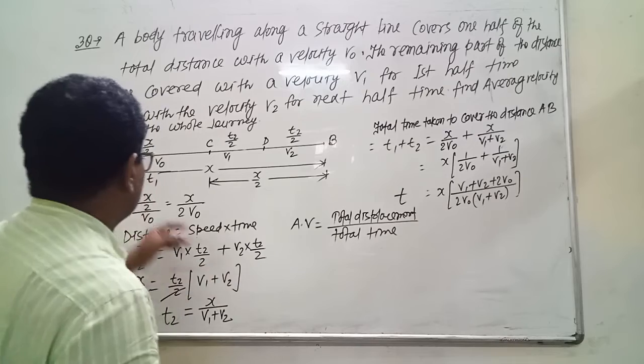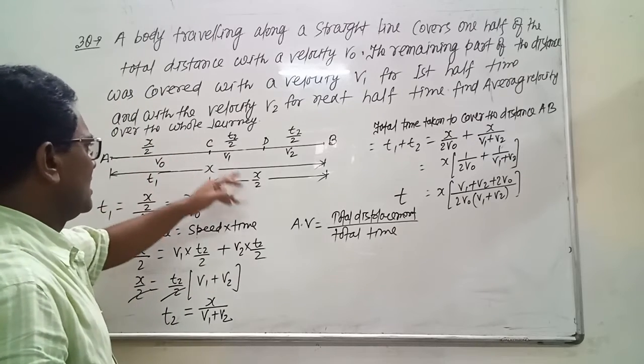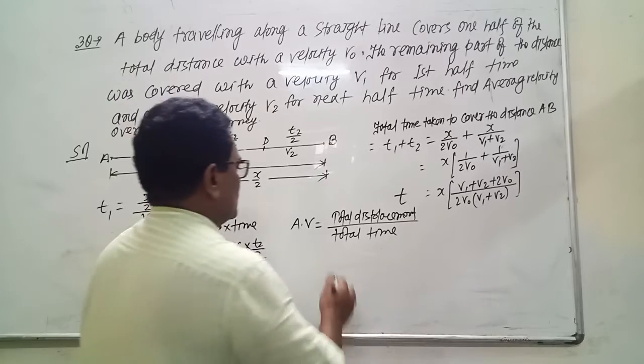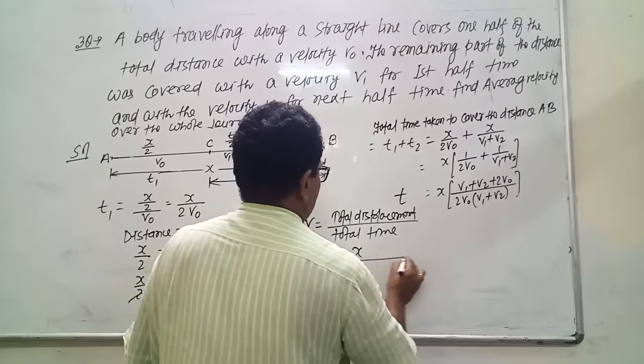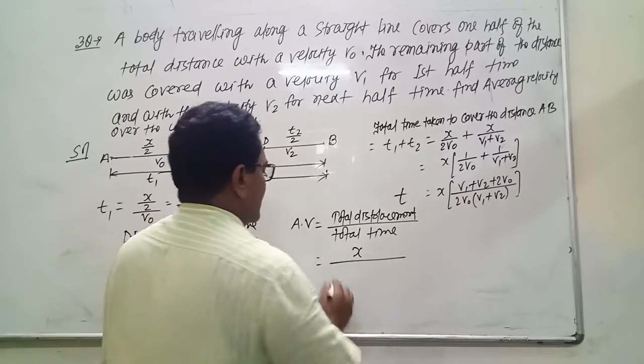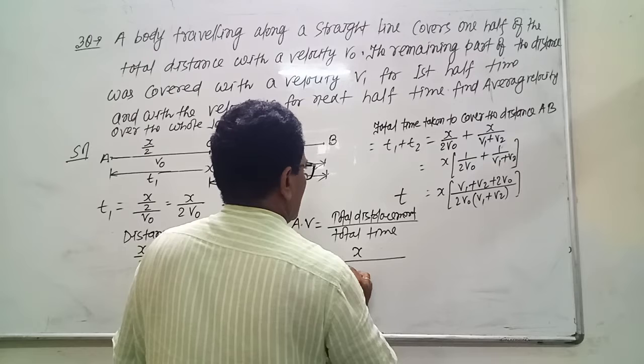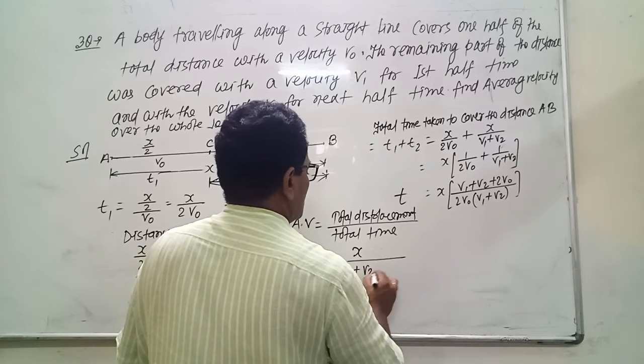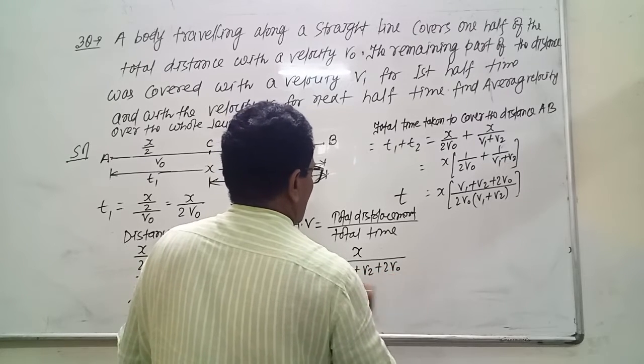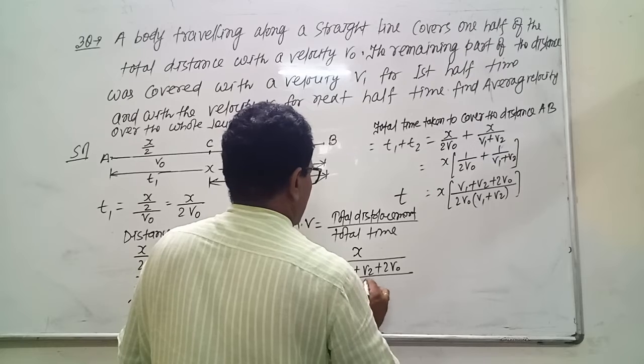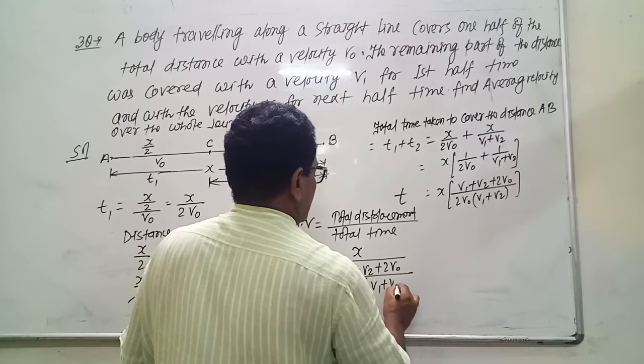So total displacement means x by 2 plus x by 2, this is x. And the total time taken we have already calculated: x times v1 plus v2 plus 2v naught upon 2v naught and v1 plus v2.